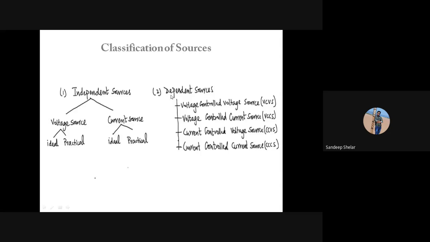Then the second type is dependent sources: first, voltage controlled voltage source, that is VCVS. Second, voltage controlled current source, that is VCCS. Third, current controlled voltage source, that is CCVS. And last, current controlled current source, that is CCCS. This is the classification of sources.